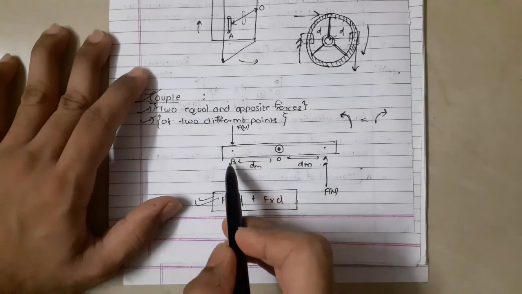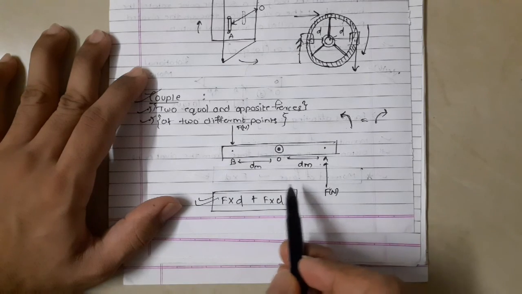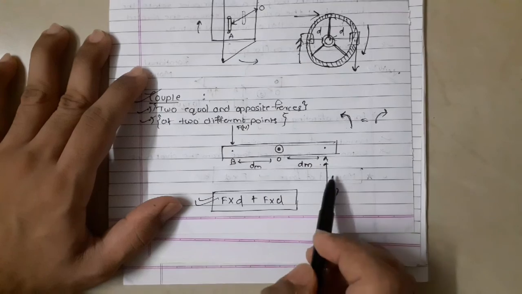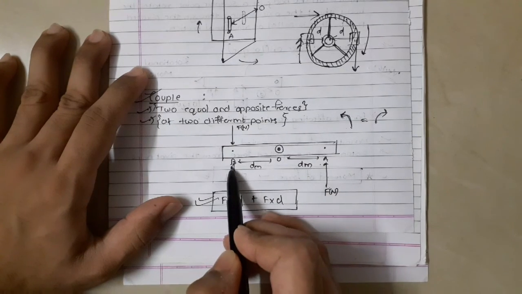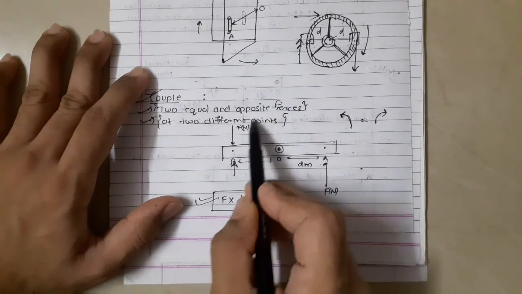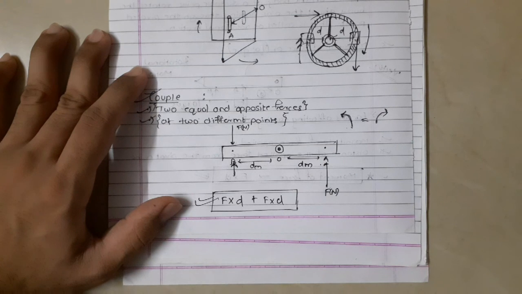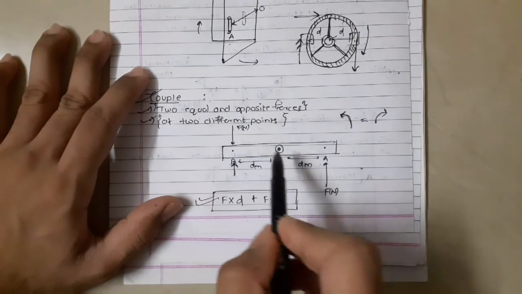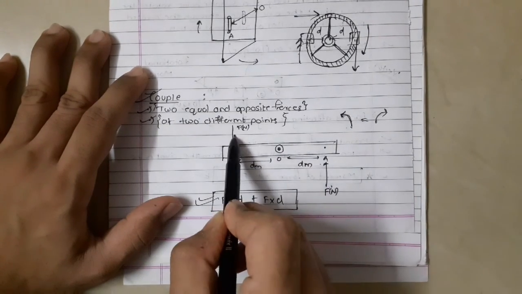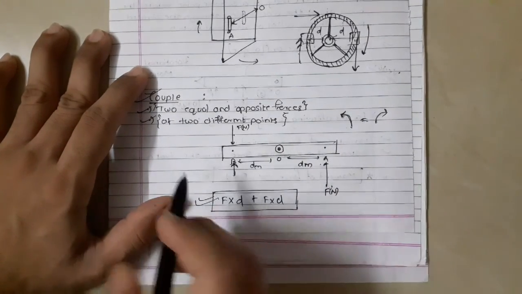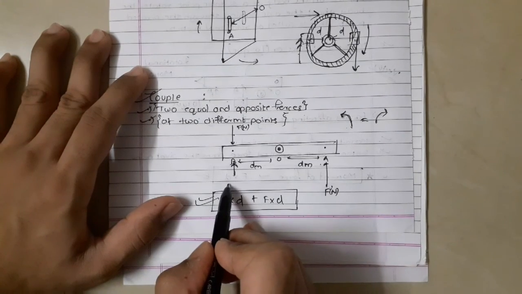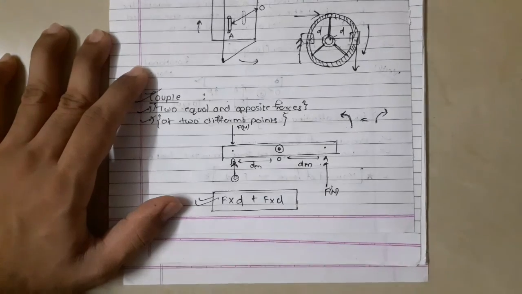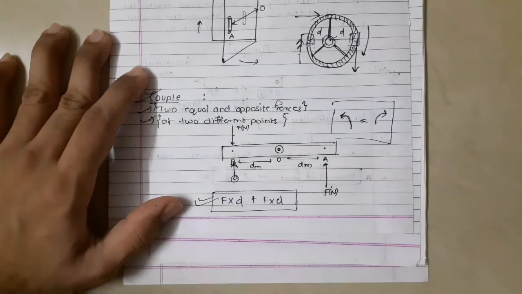That means this rotation will make the body move in the anti-clockwise direction, and if a force is applied over here, it will move the body in clockwise direction. So the summation of all the forces which make the body move anti-clockwise, this force and this force, must be equal to the summation of all the forces which make the body move clockwise, that means this force.